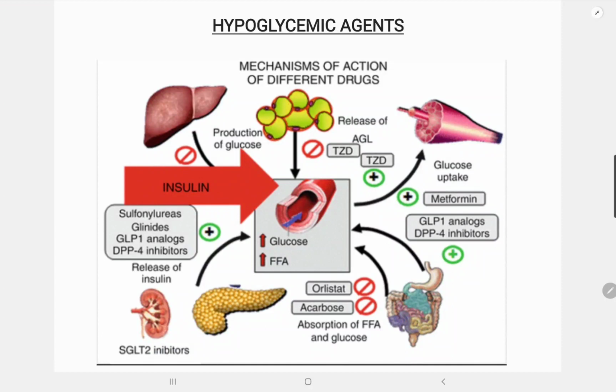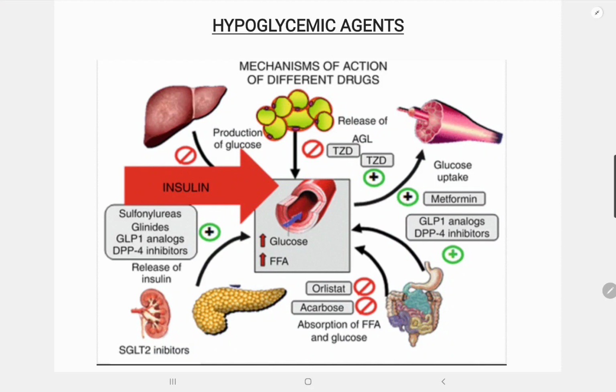The other two drugs, the GLP-1 analogs and DPP-4 inhibitors, kind of work similarly together. The GLP-1 analogs are liraglutide, semaglutide, and they are glucagon-like peptide 1, which stimulates insulin release.